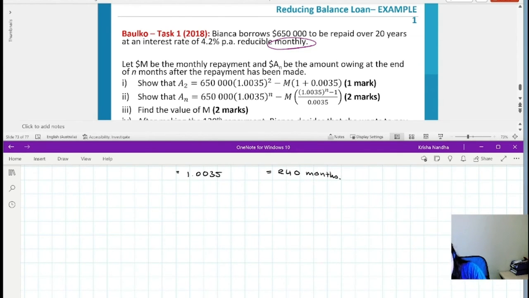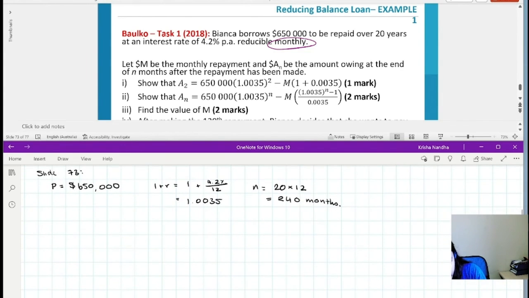So I'm going to write the A0 being my principal. So the amount initially is my principal, which is $650,000. Okay. My A1 will be equal to my A0 times my interest rate, right?